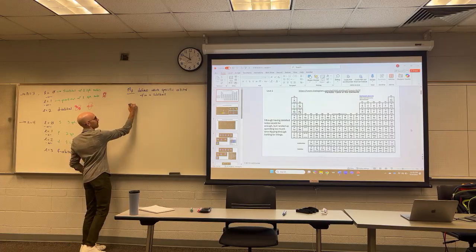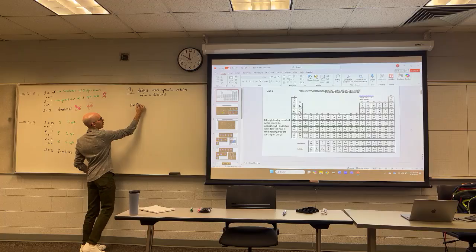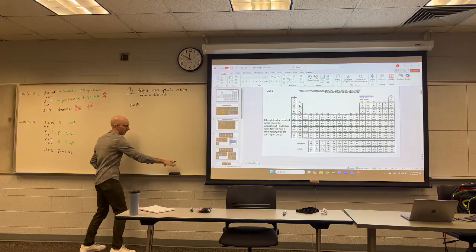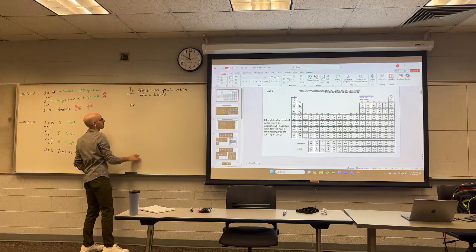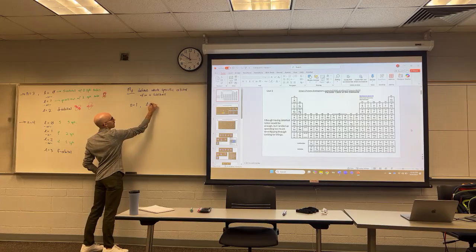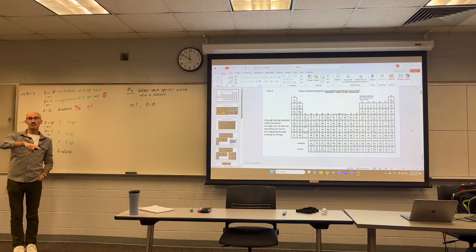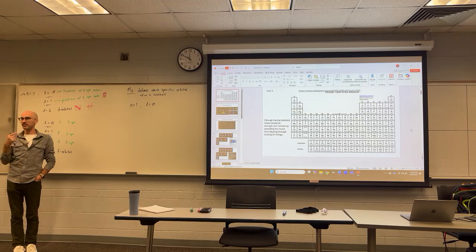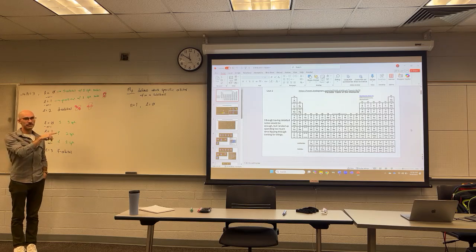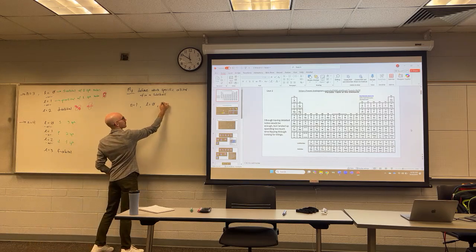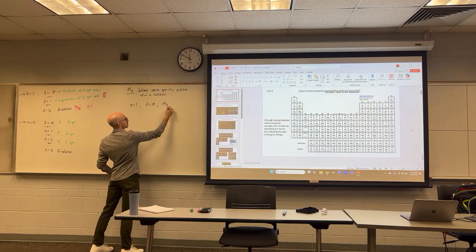If I have n equals 1, what can L be? Only 0. L is from 0 to n minus 1. Well, n minus 1 here is 0, so I only have 0. What can M sub L be?